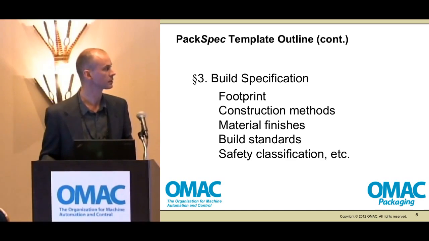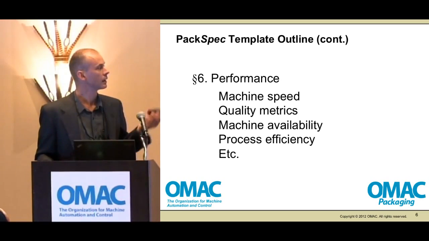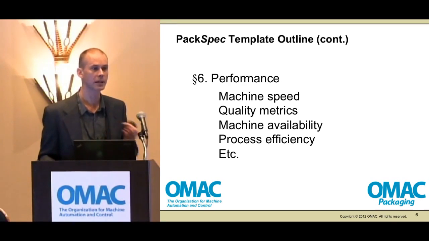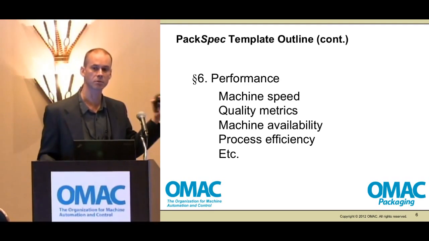Performance, these things are more obvious. What are the machine speed requirements and so on. Here we want to stress that we use the metrics provided by PackML. So we want to encourage end users, when they talk about machine speed, to really refer to the associated pack tags that talk about machine speeds.